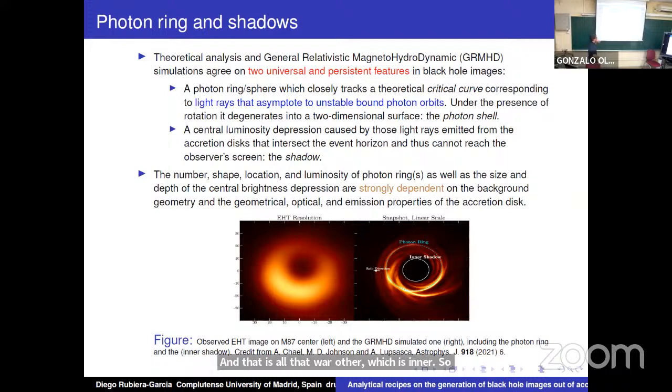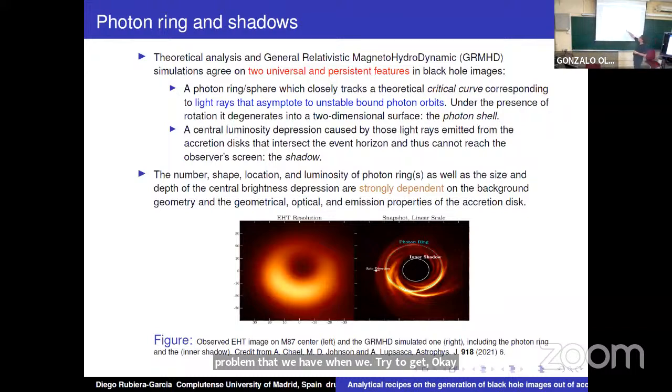Okay, I'm also going to explain. So with the shadow, you have another three different words: brightness depression, shadow, and inner shadow. There are three different things. These three different things we consider normal, depending again on the accretion disk. As I'm going to explain, this is typically the biggest problem that we have when we try to get images of these objects. Okay.